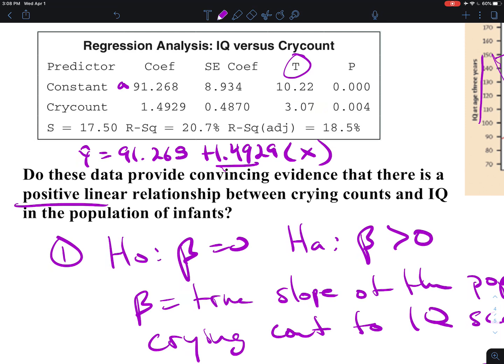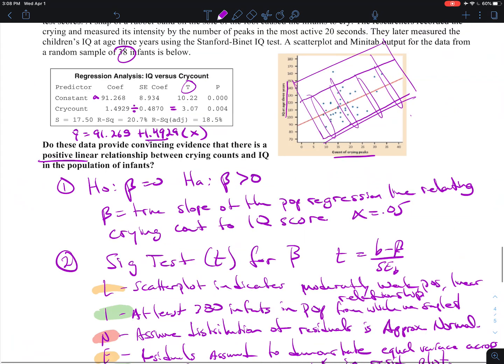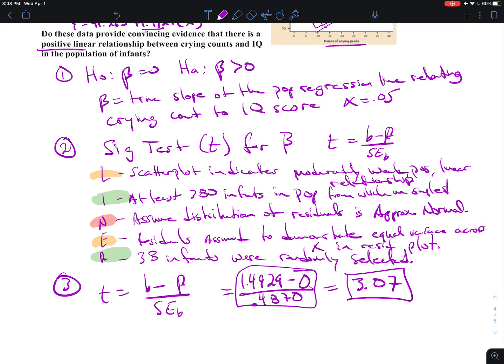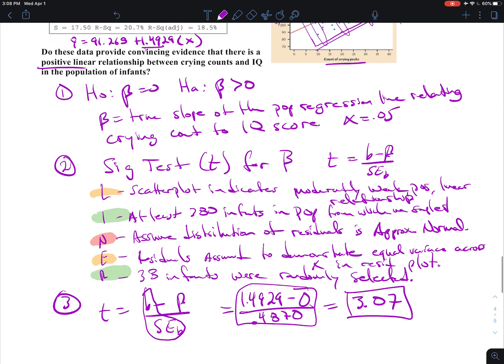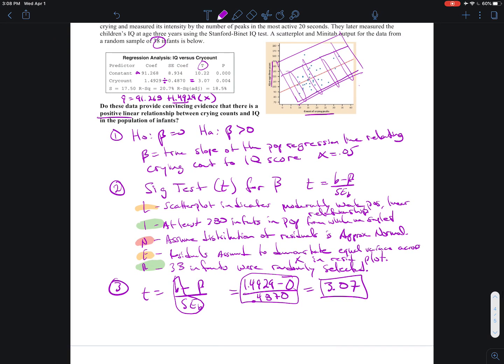The neat way to think of this is the coefficient divided by the standard error is 3.07, because beta was 0 under the null and you don't end up subtracting anything. So we end up with just b over the standard error. That's going to be true if the null beta is 0.